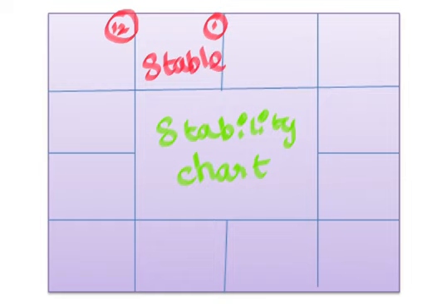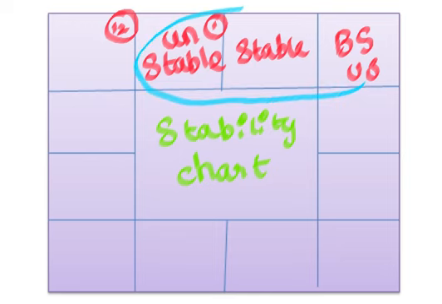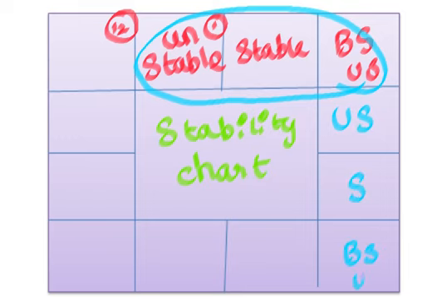This is stable, this is unstable, this is stable, this is both stable and unstable. Again the cycle will continue here: unstable, stable, both stable and unstable.